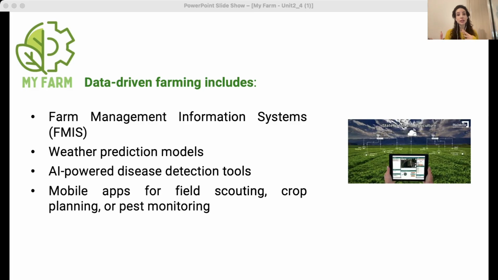Weather prediction models help farmers to plan around risk, improving timing for planting, spraying, and harvesting. AI-based tools support early detection of diseases or stress in crops, allowing problems to be addressed before they spread. And mobile applications make this information useful in the field, supporting tasks like crop planning, scouting, and pest monitoring in real time.